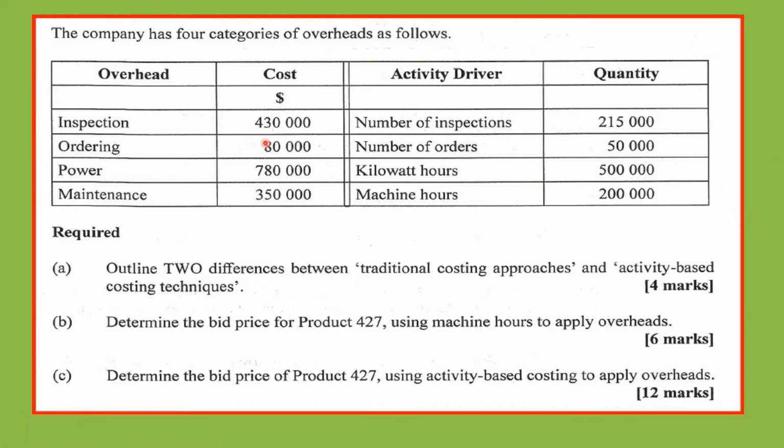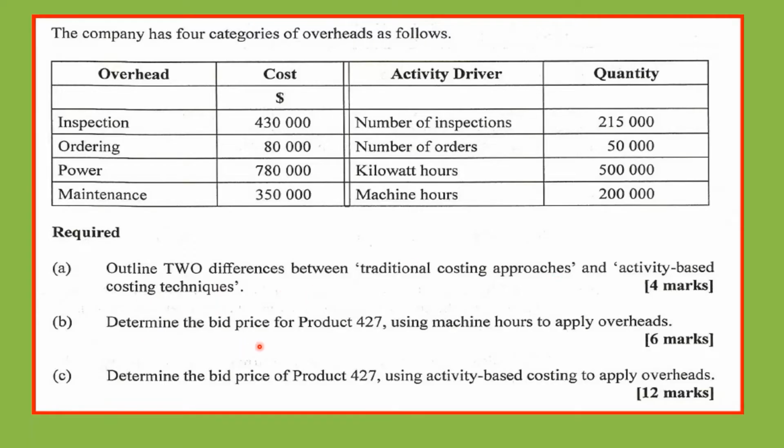The company has 4 categories of overheads as follows. We have inspection, ordering, power, and maintenance, and we are given the total cost for each item, the cost driver or the activity driver, and the quantity of the times that you use the activity. What we are required is to outline two differences between traditional costing approaches and activity-based costing techniques.